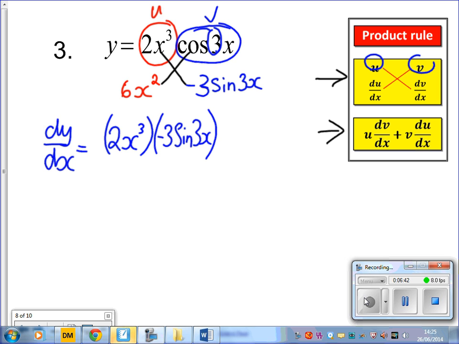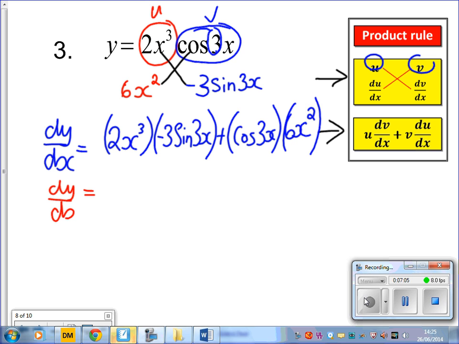Make sure you keep your brackets in here, plus v, which was cos 3x, times by du dx, 6x squared. That's all the process done, and now I'm just going to tidy it up.